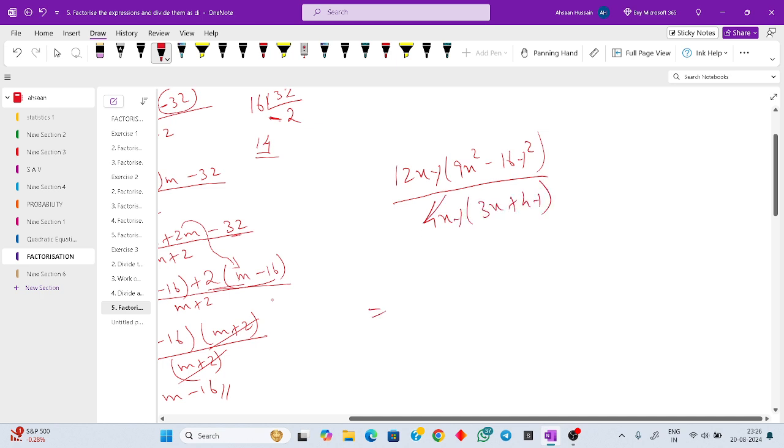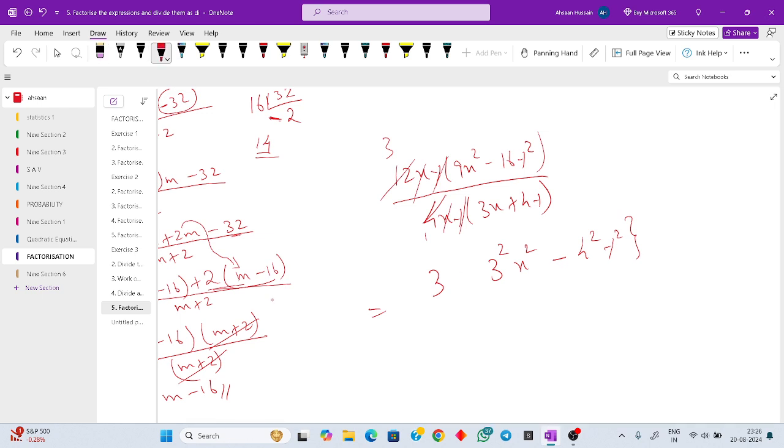Now you can cancel these two first. 3 times 1 times x is gone, y is gone. 3 is left in the numerator. And now this one is in the form of a square minus b square. Remember this: 3 square x square minus 4 square y square.